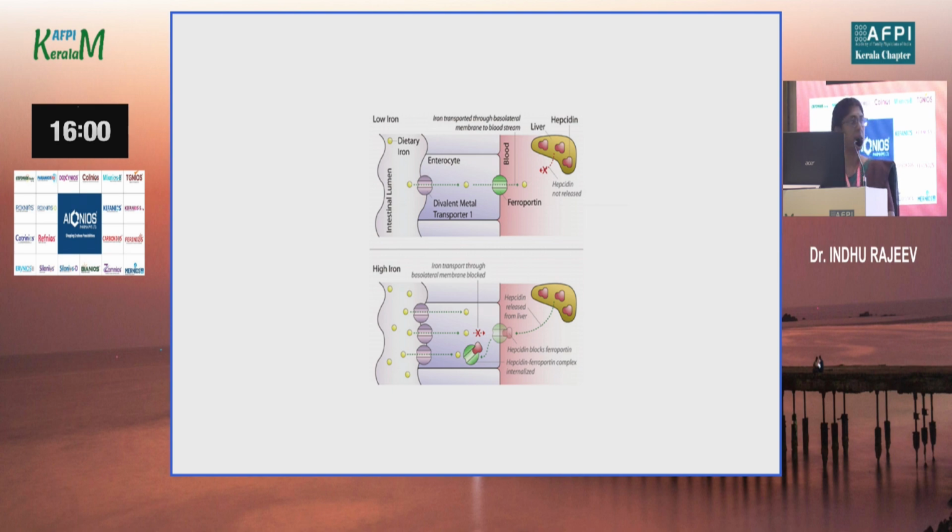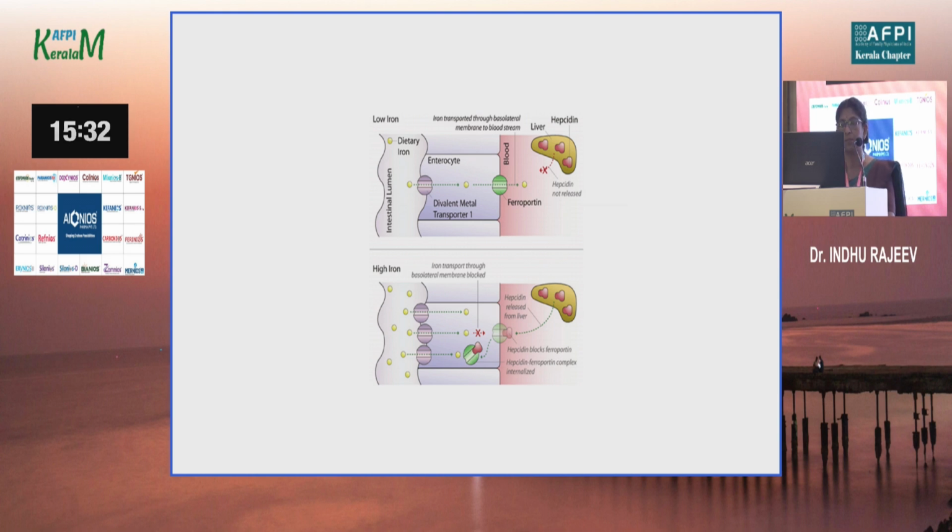Now, when there is low dietary iron, it is taken up by the enterocyte into the cell, and with the divalent metal transporter, it is transported across the basolateral membrane. It goes to the ferroportin and into the plasma. But there are certain conditions, like inflammatory conditions or high iron levels, which can cause the release of a hormone from the liver called hepcidin.